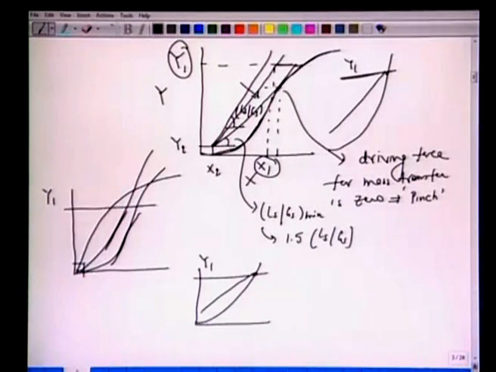We take an example now for two cases: one is absorption and one is desorption or stripping. In one case you will see a curve where there is a possibility of a pinch. So let us take a very simple example of a typical absorption column. We have a coal gas which contains a solute, benzene, and we have been asked to clean this coal gas with some wash fluid or wash oil.